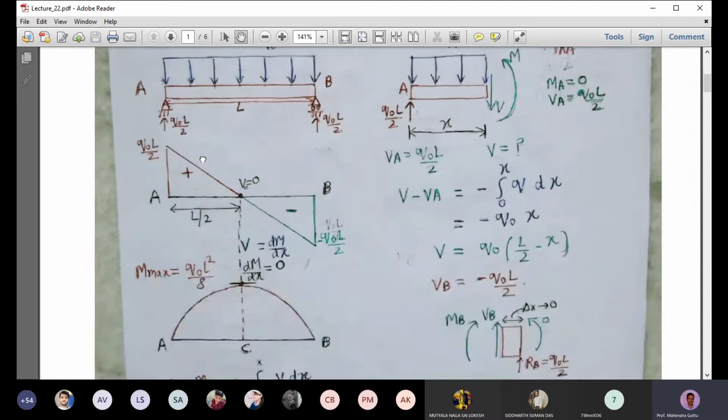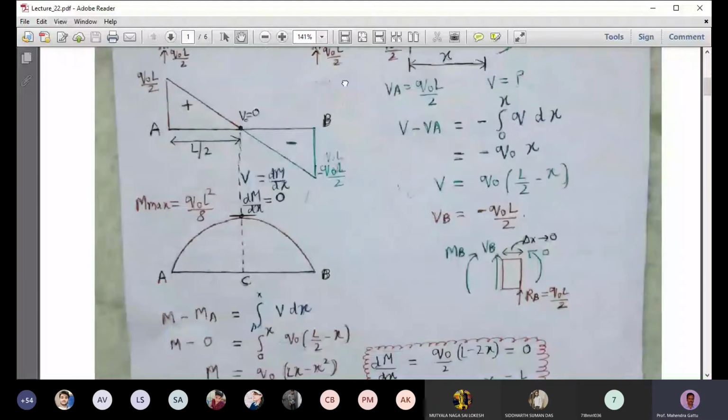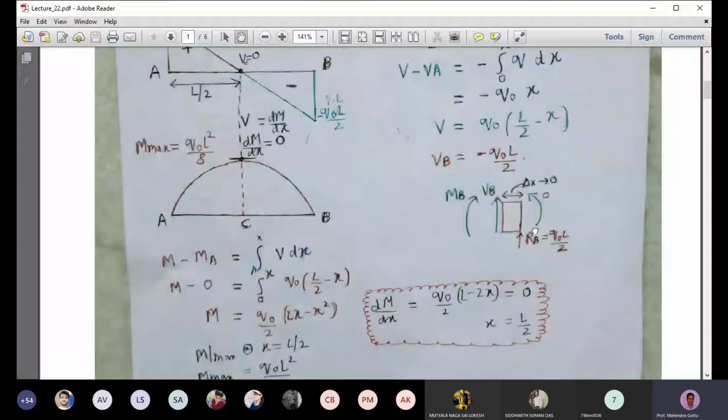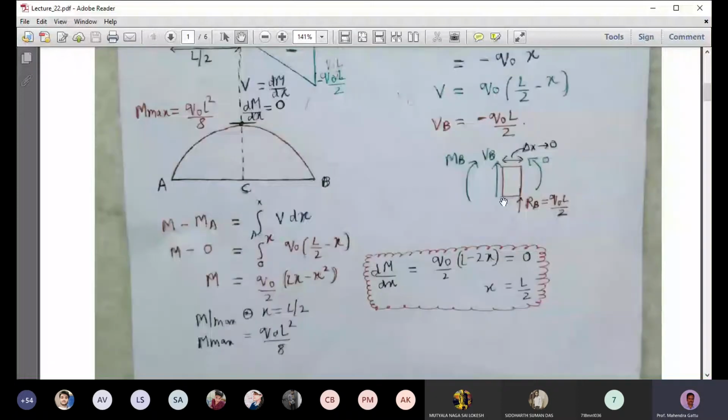So we can represent the shear quantity here. It is Q naught L by 2. And at B, there is Q naught L by 2 acting in the upward direction. If you look at that figure, if you cut a cross section just to the left of B, then we have RB here, and at that section our positive convention for shear will be V upward and M in the clockwise direction.